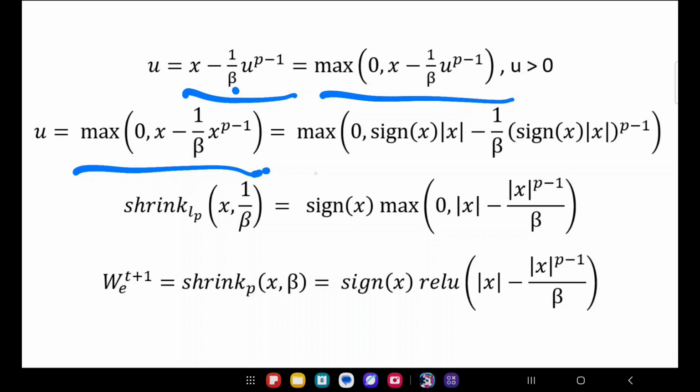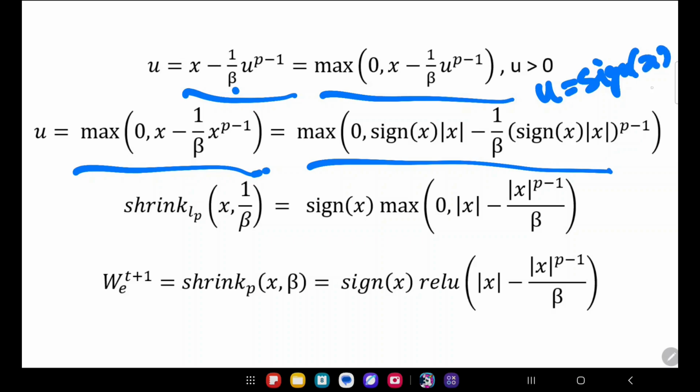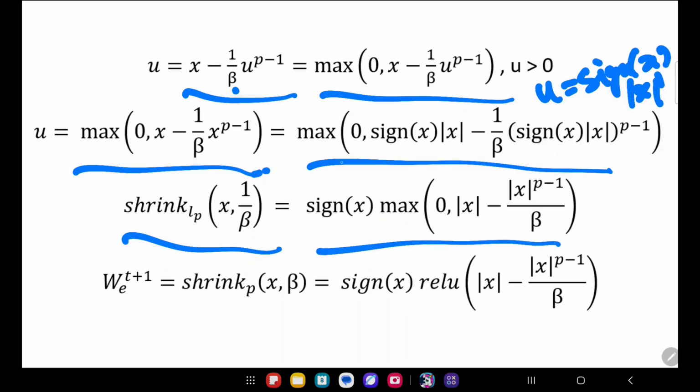So this becomes max of 0, sign of x times mod of x minus 1 by beta sign of x times mod of x to the power p minus 1. So u we are saying as sign of x times mod of x. Since p is less than 1, we can solve this equation iteratively, where we take the shrinking operator which shrinks x by 1 by beta. Here we are keeping u, and here we can take the sign of x outside this equation.